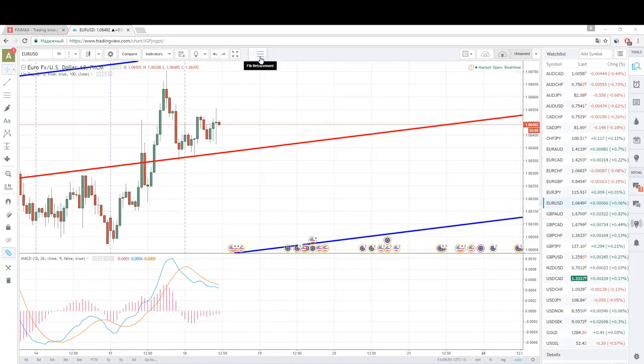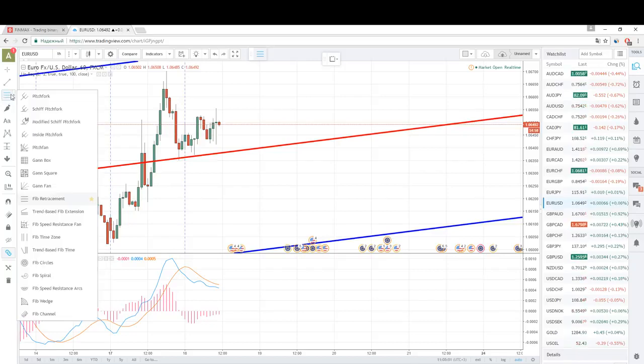So let's pay attention right now to the Fibonacci retracement and how we can use it. We have it on the platform, as I'm using it pretty often. It's placed here, but on the main you can find it here. As I told you, there are different methods, different sorts of Fibonacci, like time zone, fan, and many others that can be used.